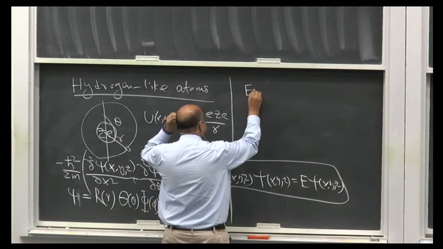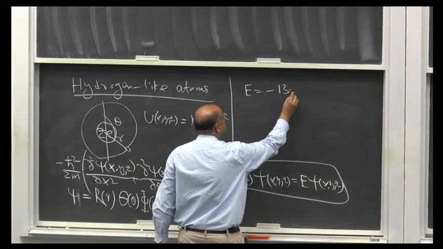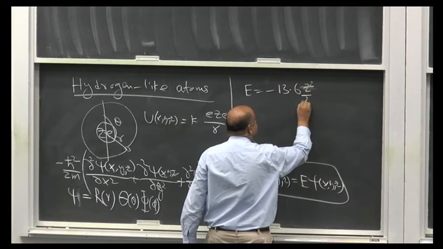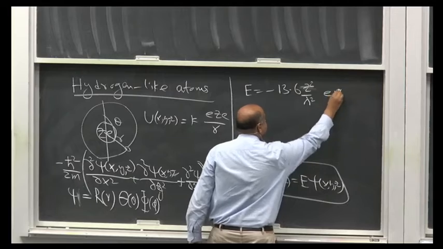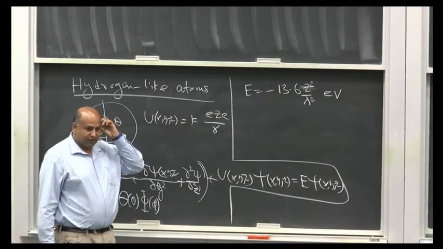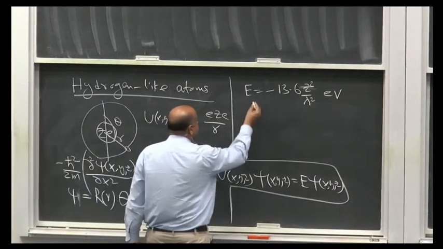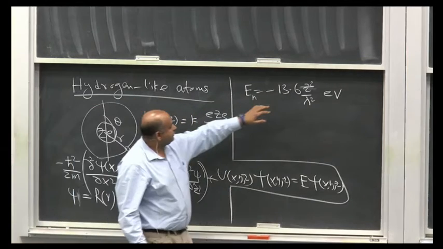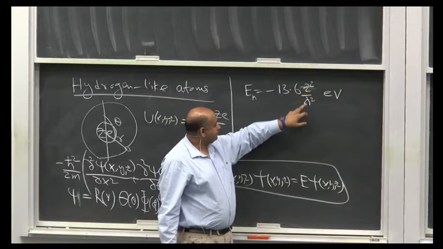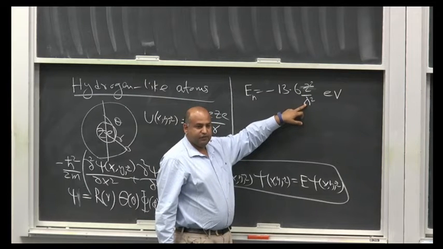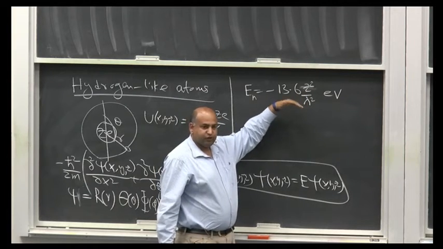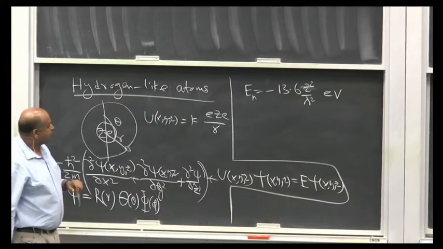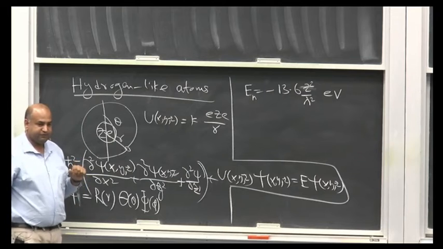The energy comes out to be approximately 13.6 Z square over n square electron volt. And so let's put a subscript n. It depends on n. So Z is the number of protons in the nucleus, n is the number of the energy state, so n1, n2, n3 and so on.